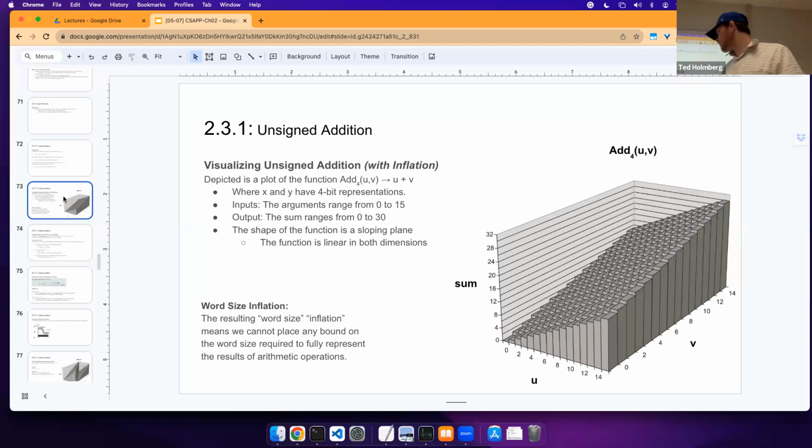So depicted here, you see a 3D visualization. We are going to define, suppose, a function called add that takes in a word of 4 bits. You'll see my subvalue of 4 is representing the bit count there. So I'm going to have 2 bit vectors that I'm going to operate on, a u and a v. And this function just adds my u to my v. So this is going to be my function definition here.